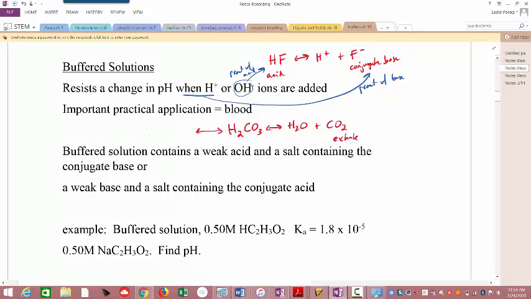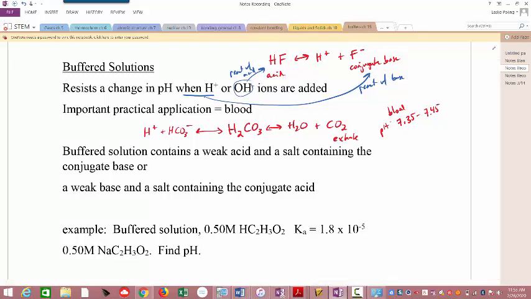And then that separates into hydrogen ion and the carbonate ion. And so the exhaling CO2 helps maintain this, and your blood maintains a very narrow pH range of 7.35 to 7.45.